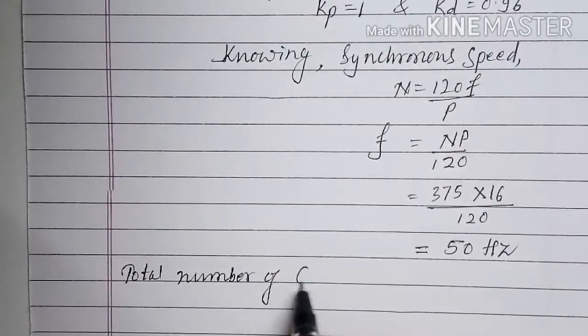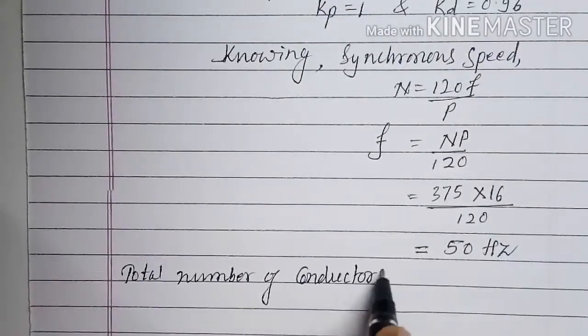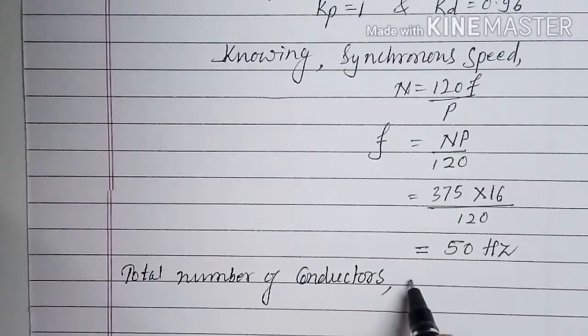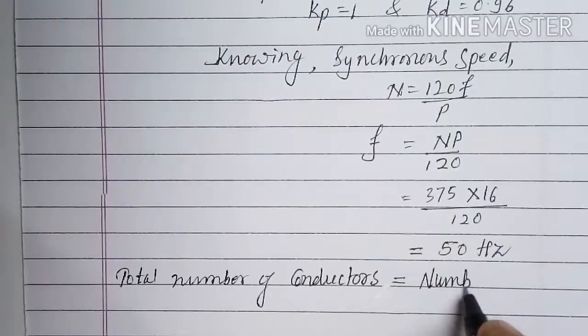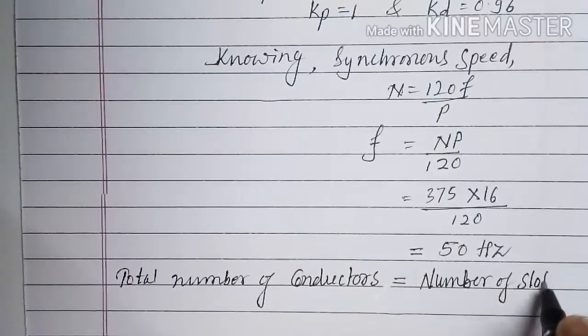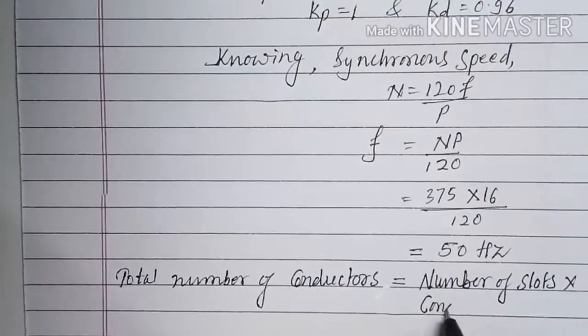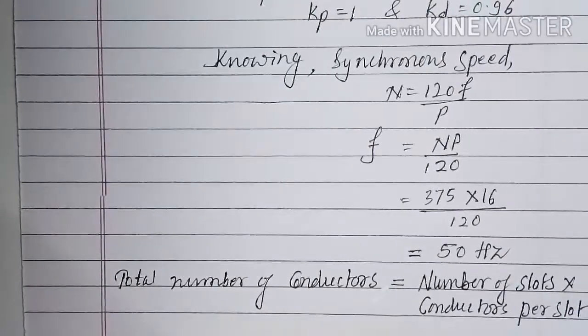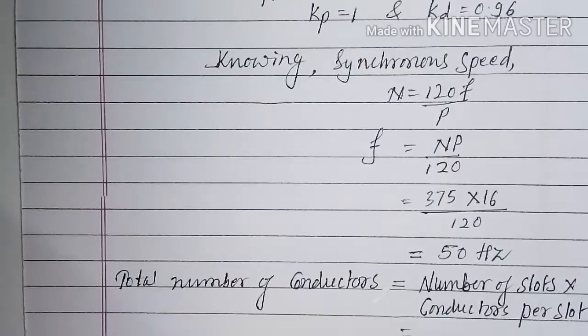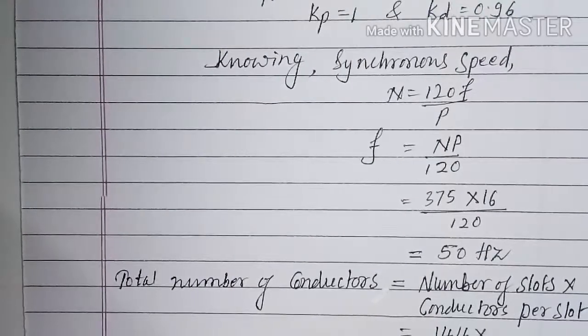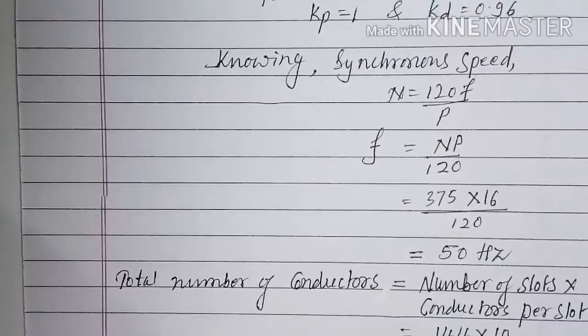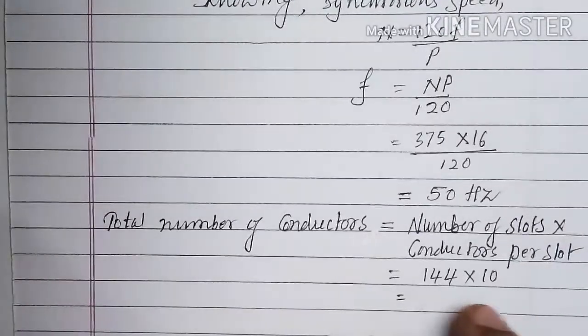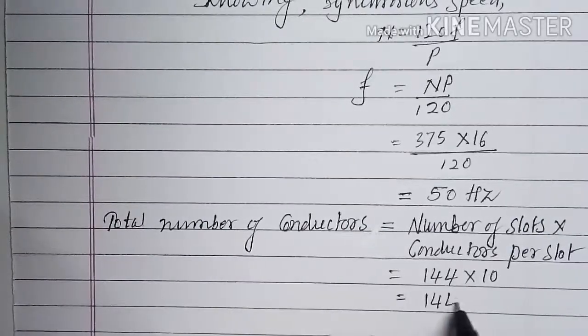Next we will calculate total number of conductors. Total number of conductors is equal to number of slots into conductors per slot, that is 144 into 10, which is equal to 1440.